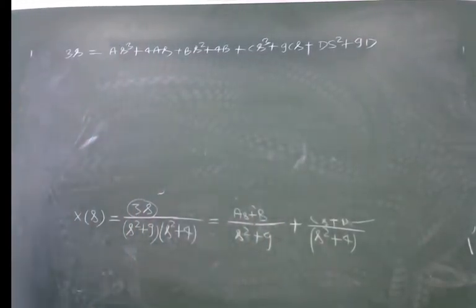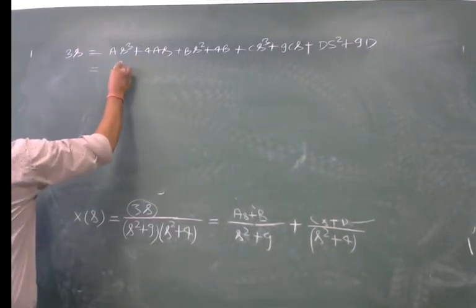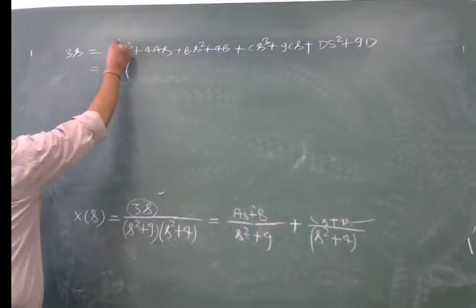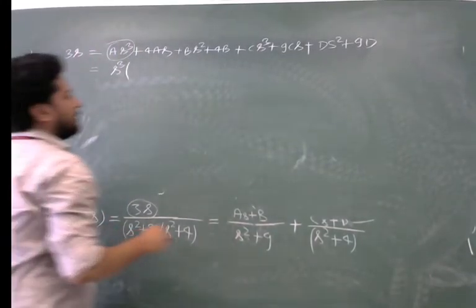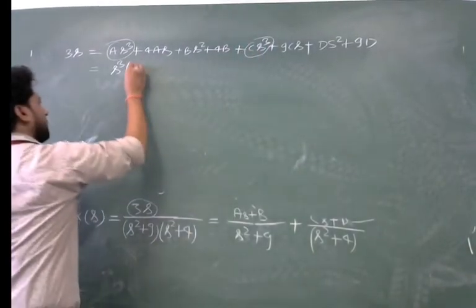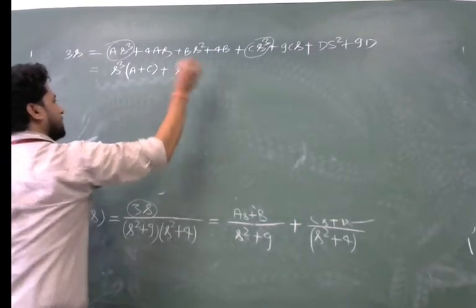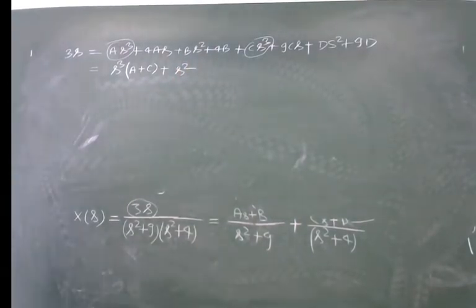Now take the common terms from here. First I will take s cube common. This will become a plus c. Now take s square common.